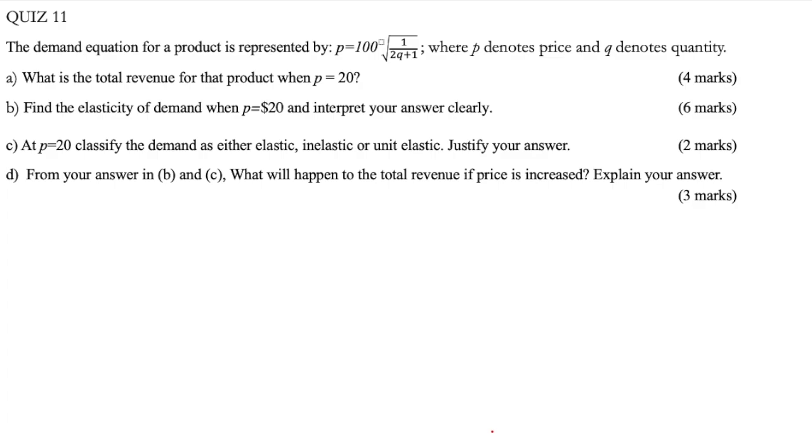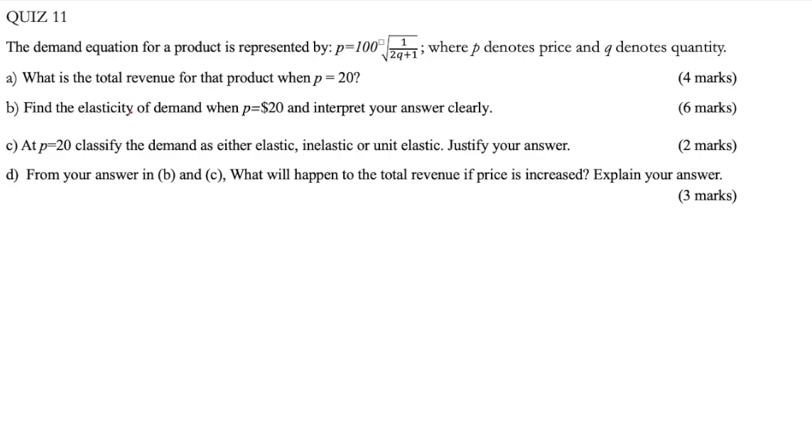So in question 11, we have here the demand equation for a product represented by this expression P equals 100 times square root of 1 over 2Q plus 1, where P denotes price and Q denotes quantity. And A, what is the total revenue for that product when price is 20? B, find the elasticity of demand when price is 20 and interpret your answer.